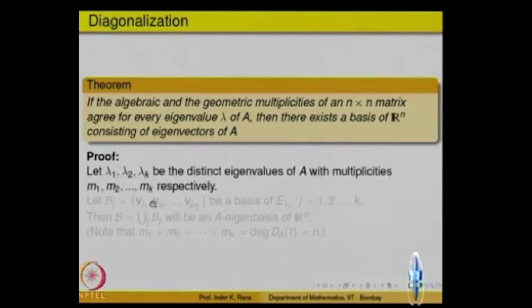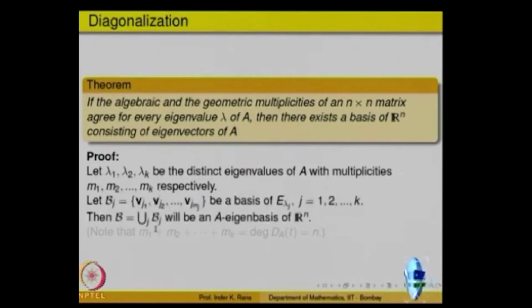Basically, if these are distinct eigenvalues with multiplicities m1, m2 up to mk, for each we can find a basis of as many vectors as the algebraic multiplicity. So find the basis and put all the bases together. For each eigenvalue there is an eigenspace, with a basis that has as many eigenvectors as the algebraic multiplicity, if they are equal.